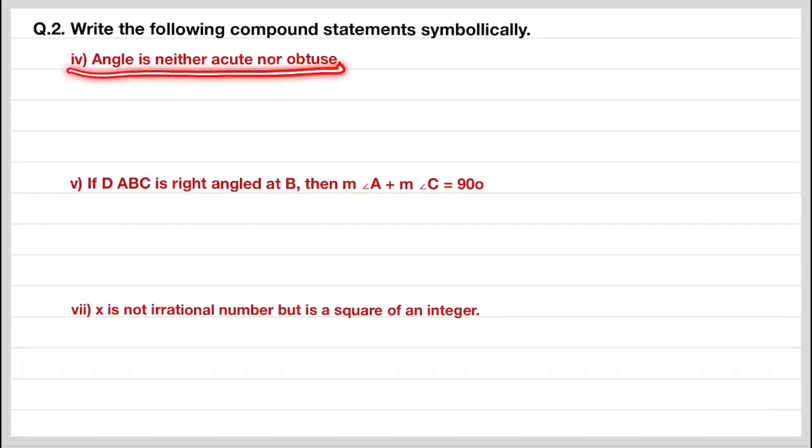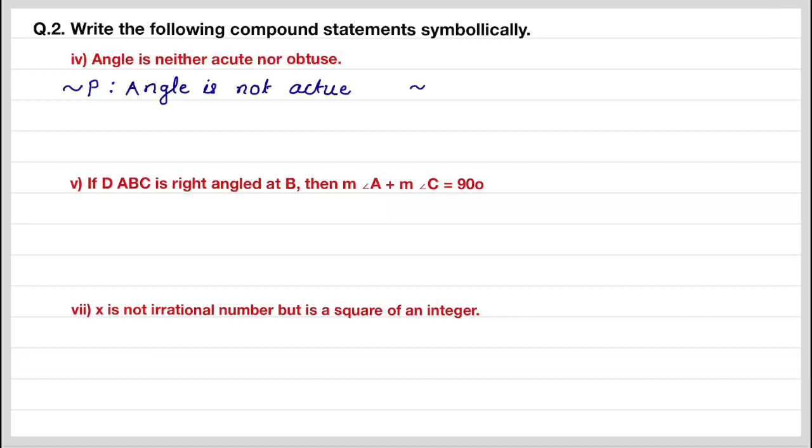Angle is neither acute nor obtuse. Here both statements are negations. Negation of P, angle is not acute, because here already not is operated on the statement. And second statement is angle is not obtuse.